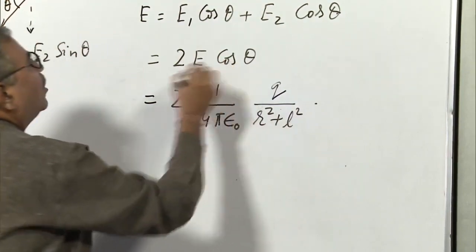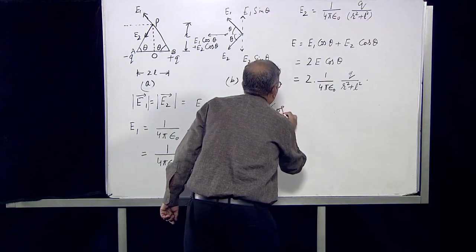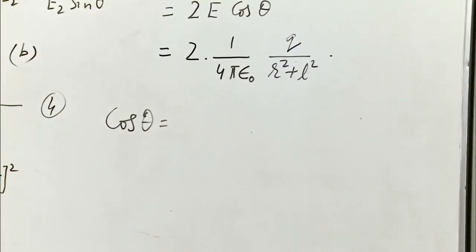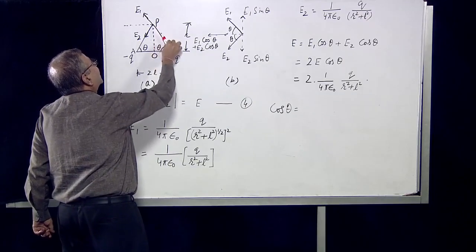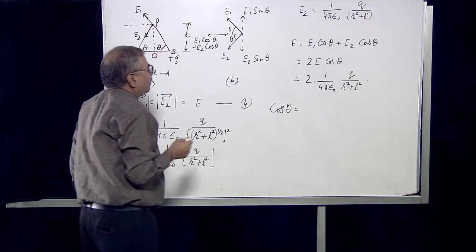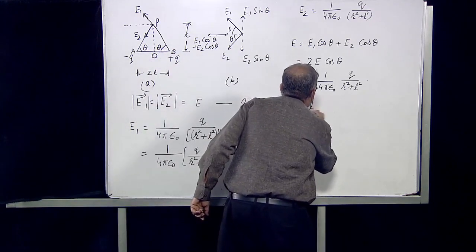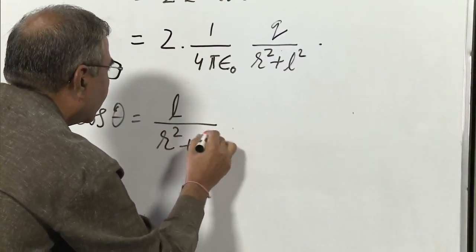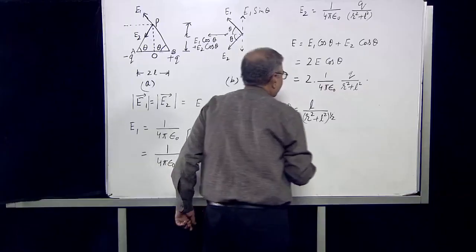Now, let us write the value of cos theta also. Cos theta will be equal to base upon hypotenuse. So, in this case, base will be L. Hypotenuse is r square plus L square raised to power half, or under root, you may say.